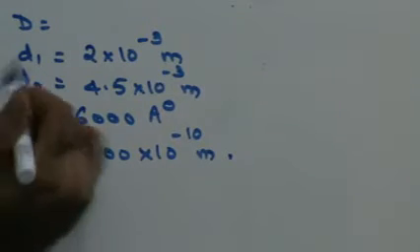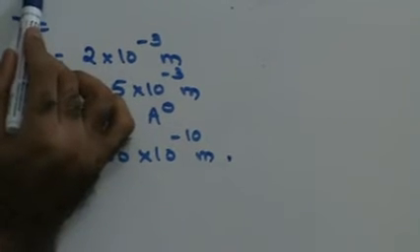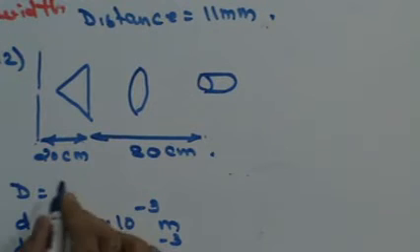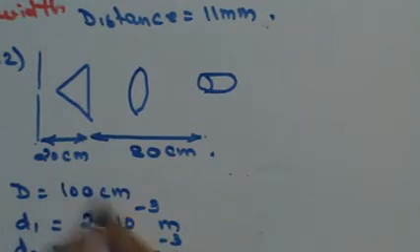Now guys, they've given you that the distance between the slit and the biprism is 20 centimeters and that between the biprism and the eyepiece is 80 centimeters. That means the slit is at a distance of 100 centimeters from the eyepiece.